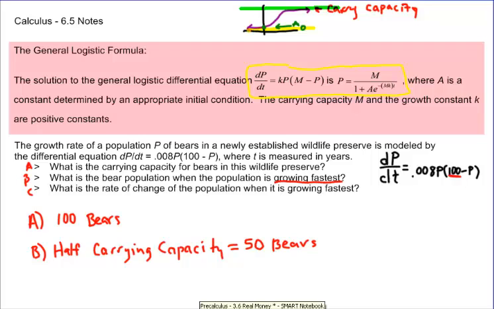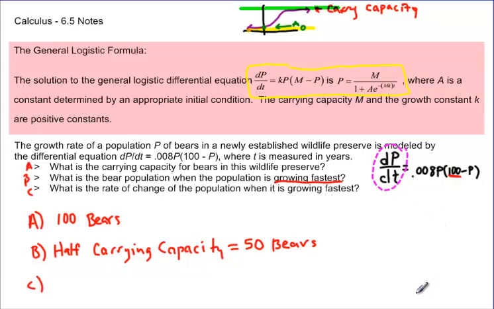The second thing that we want to know is what is the rate of change of the population when it is growing fastest? So remember, anytime you look at a derivative, which is what this is telling us, you're talking about a rate of change.